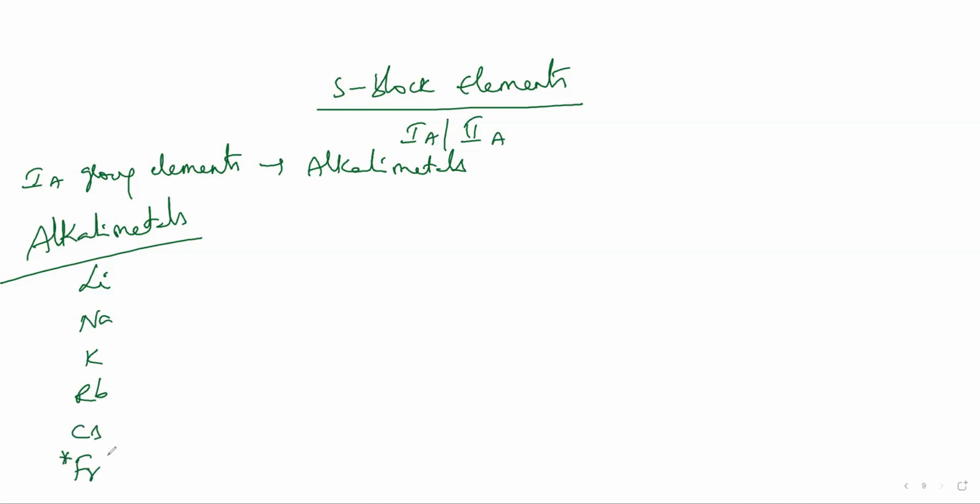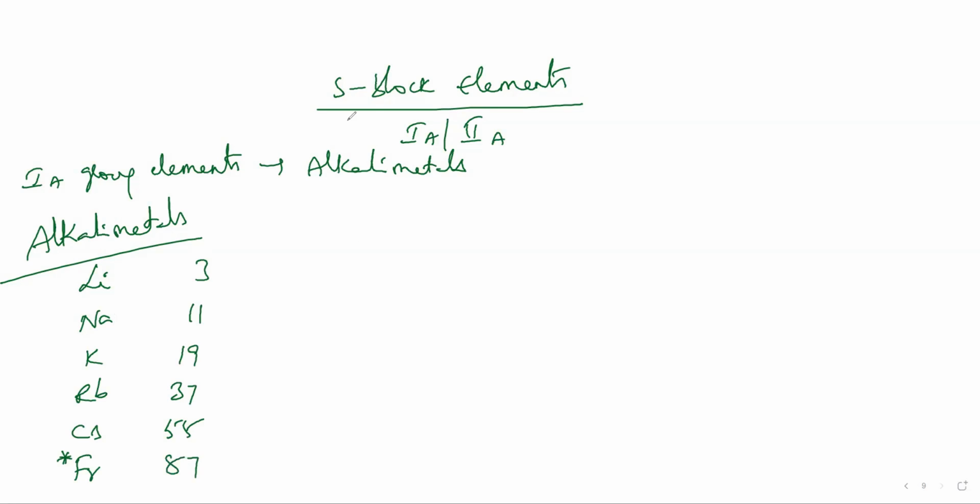Francium is radioactive. Then atomic numbers. Lithium 3, 3 plus 8, 11, 11 plus 8, 19, 19 plus 18, what you will get? 37, 37 plus 18, 55, 55 plus 32, 87.